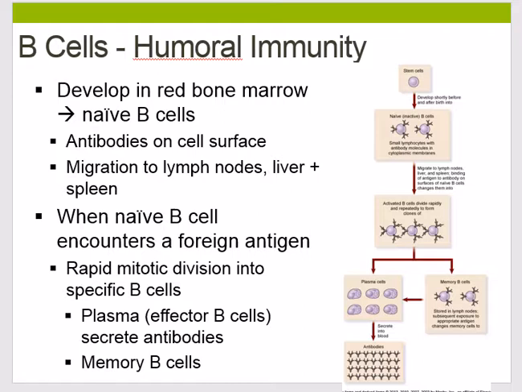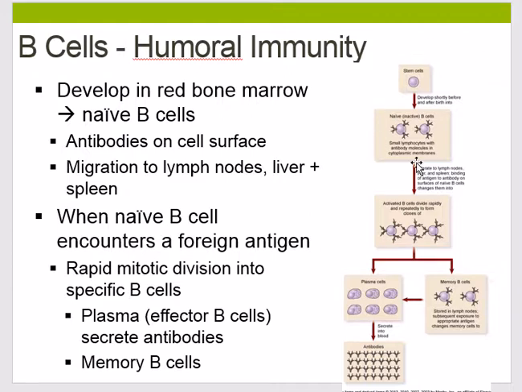Now, as I've already told you, B cell immunity is also referred to as humoral immunity, and B cells develop in red bone marrow. At this point, they are referred to as naive B cells. Sometimes you'll hear them called a virgin B cell, but for this course we're referring to them as naive B cells. This is what they're called after they complete their first developmental stage.